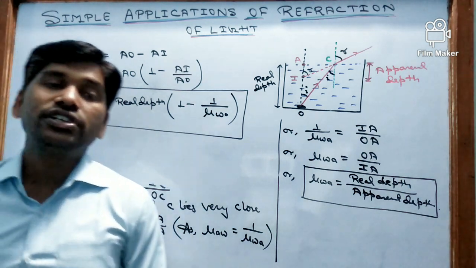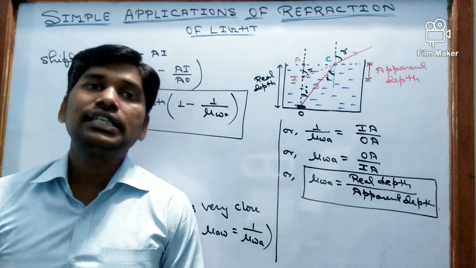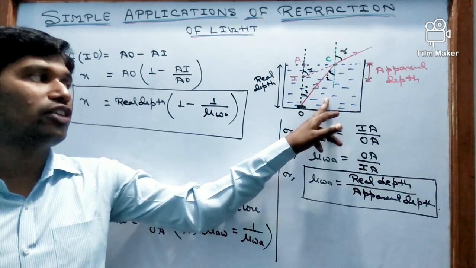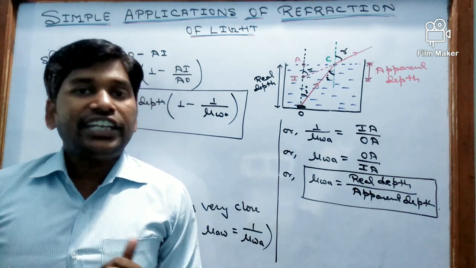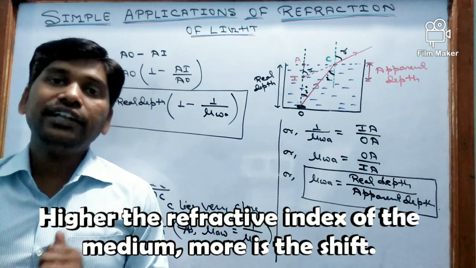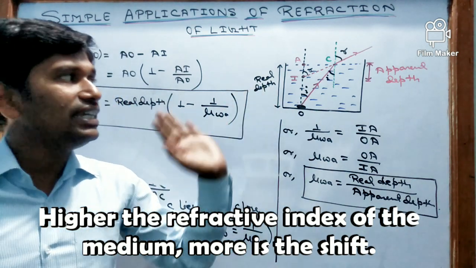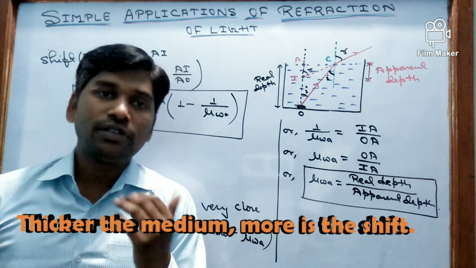This normal shift depends on three factors. The first one is the refractive index of the medium, that is water. The higher the refractive index, the more the normal shift. Second, the thickness of the medium. The higher the thickness, the more the normal shift.